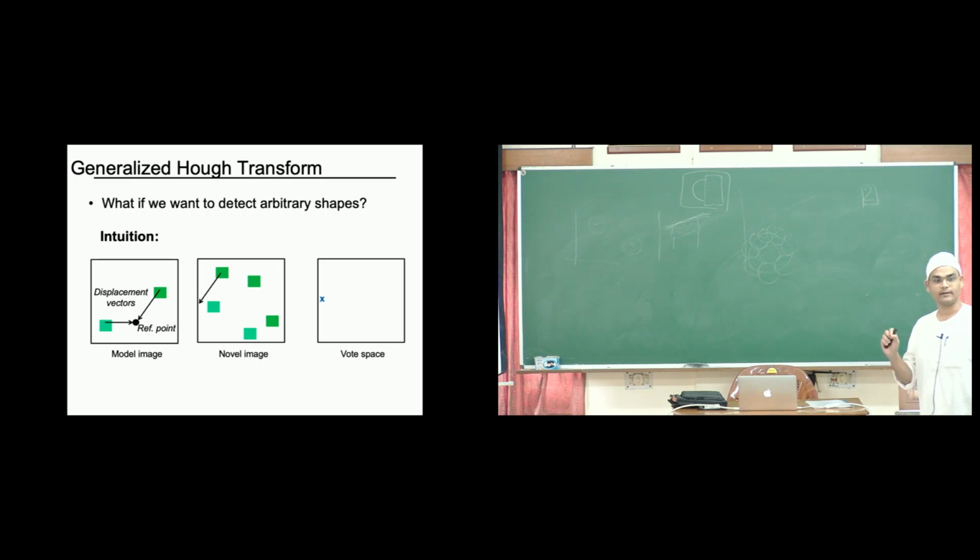You are just trying to find the reference point. If you find the reference point, you are done. From many points, you are looking for only one point. Kind of the idea of the center, this is the circle center, finding the center, right? Same idea here, but this time I do not have any center. All I have is a reference point. From this reference point, I know the distance to the key points. So, everyone is going to vote for the reference point, clear?